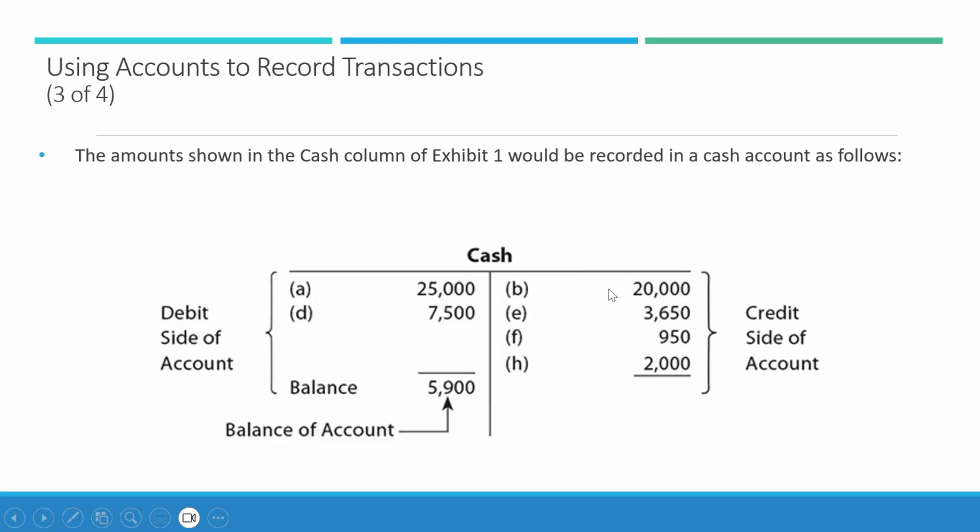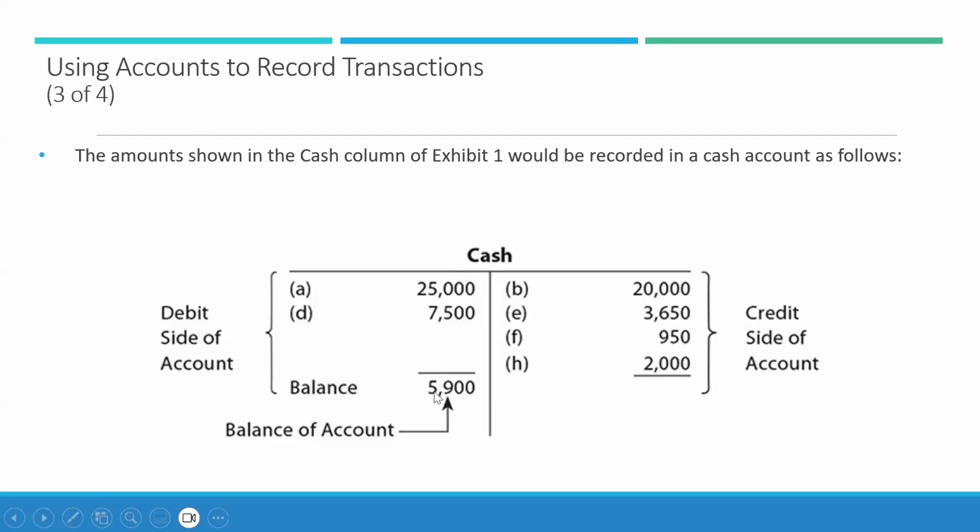And then we did something for $3,650. That decreased our cash. $7,500, maybe that was revenues. That increased our cash. Basically, with this account called cash, which is an asset, we call a resource, increases in cash happen on the left-hand side, and decreases in cash happen on the right-hand side.